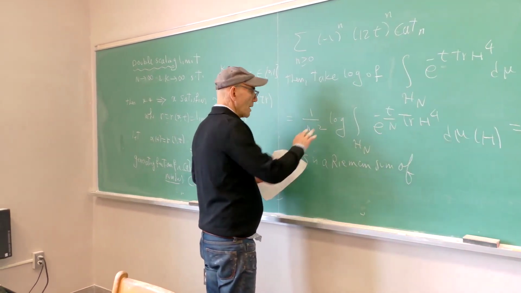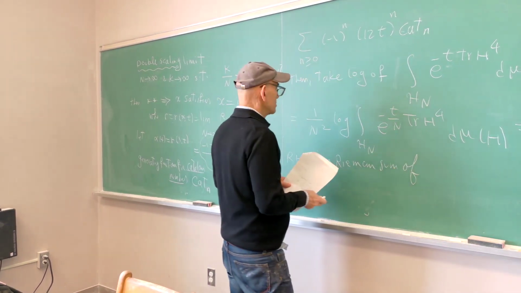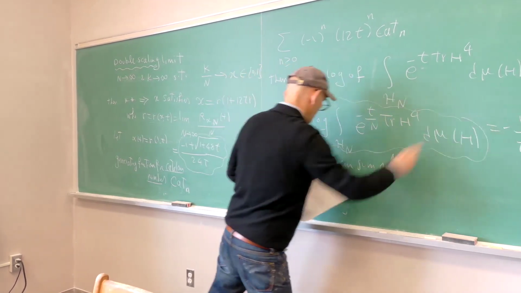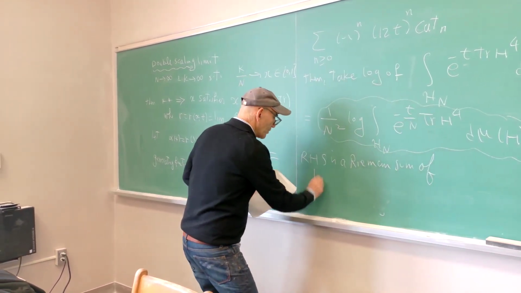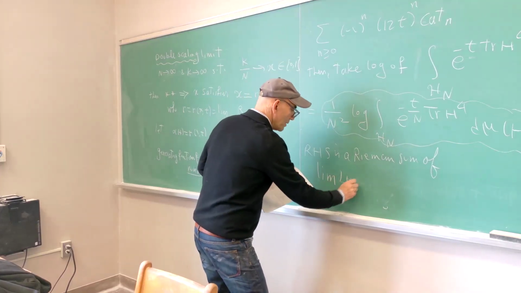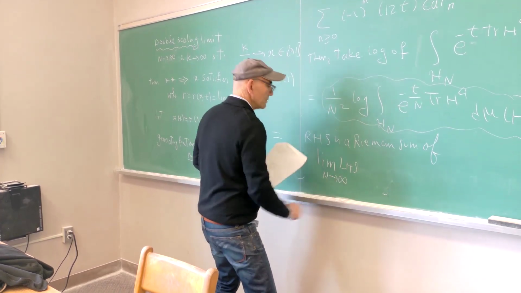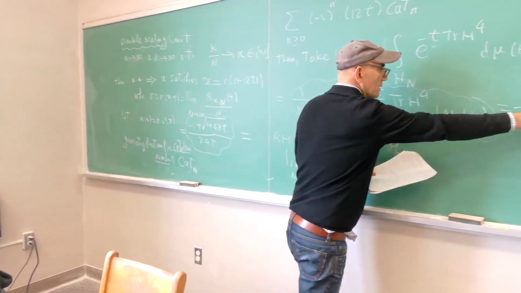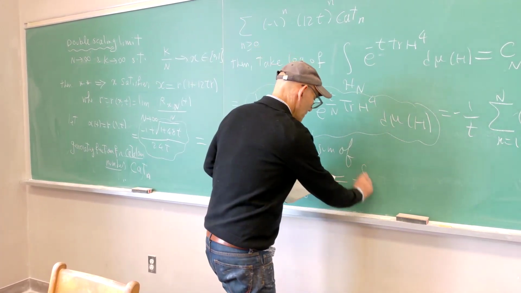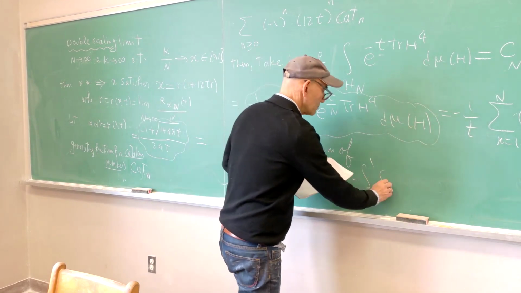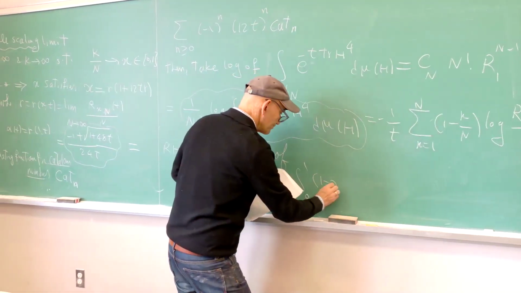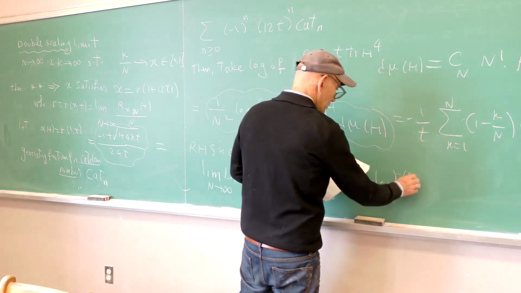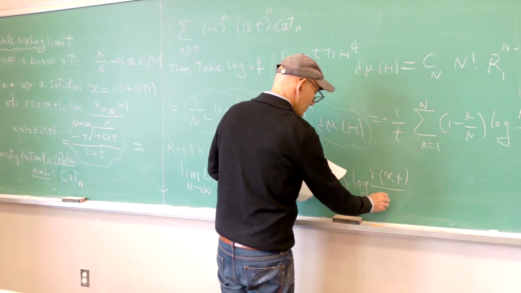Now, I called this thing E0. Let me call the limit of the left hand side as n goes to infinity E0 of t, which is equal to the integral that represents it: minus the integral from 0 to 1 of 1 minus x, log of r of x and t over x, dx.